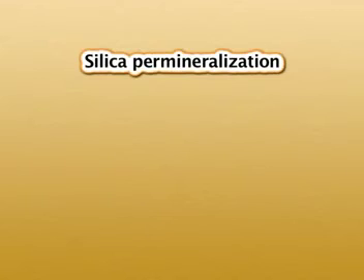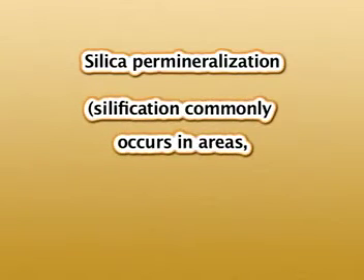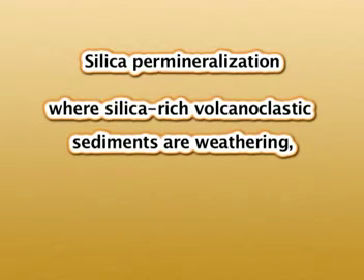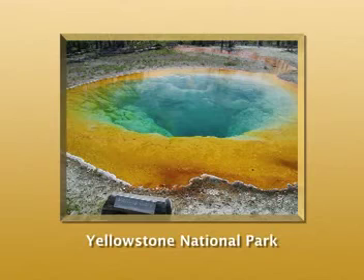Silica permineralization. Silicification commonly occurs in areas where silica-rich volcaniclastic sediments are weathering. For example, the famous upright trees in Yellowstone National Park.